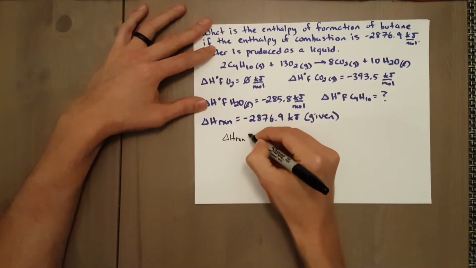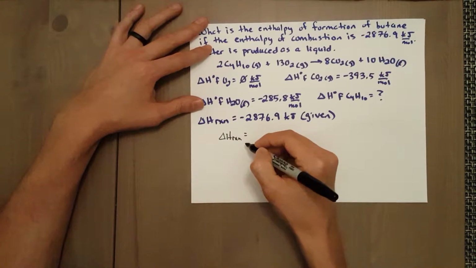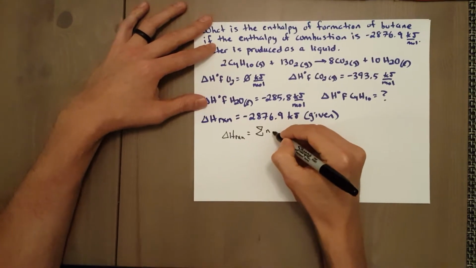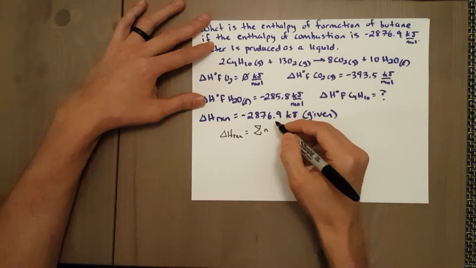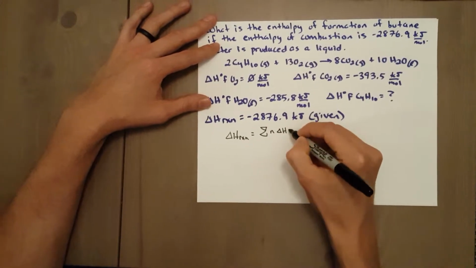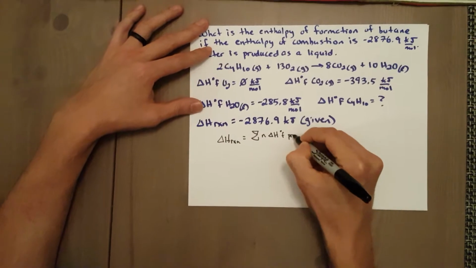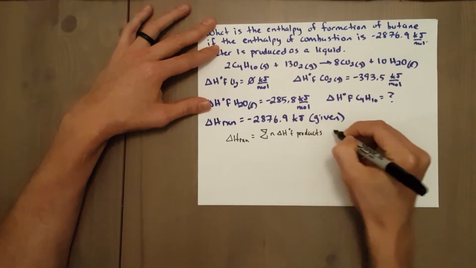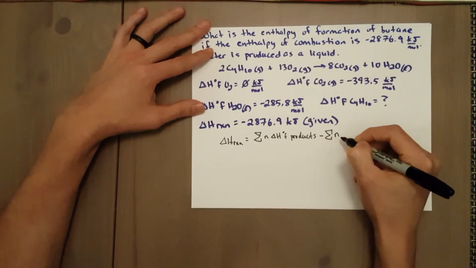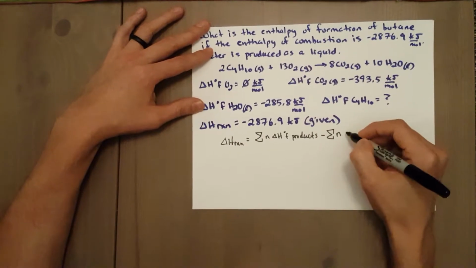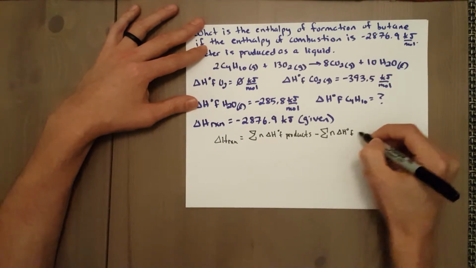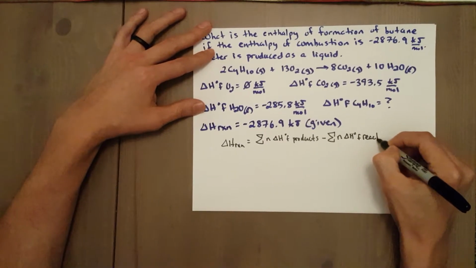Delta H of the reaction, given to us, we'll fill that in just a bit, is the sum, with our molar coefficients, of the delta H of formation of our products, minus the sum, again with n for molar coefficients, of the heat of formation of our reactants.